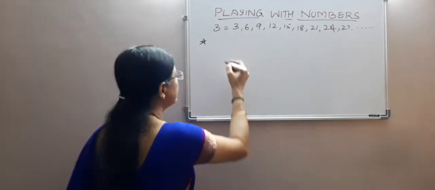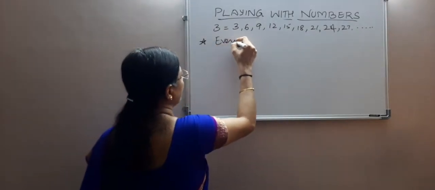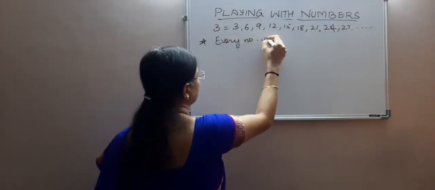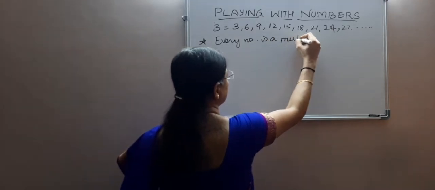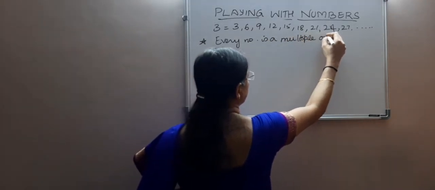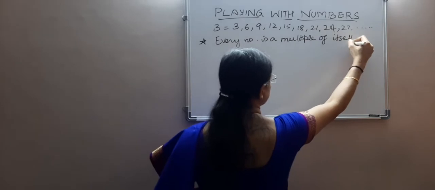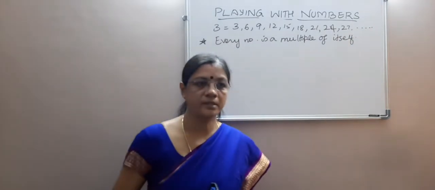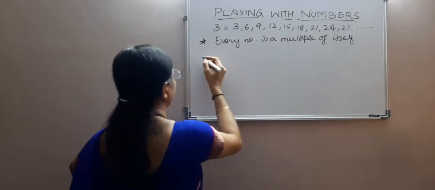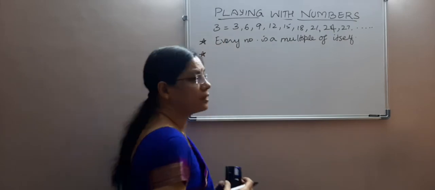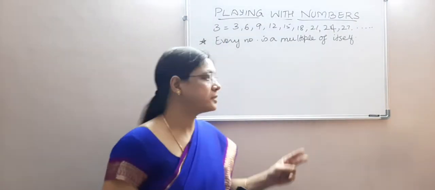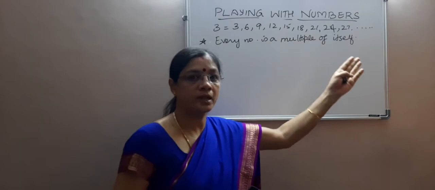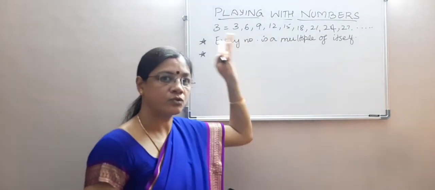So we write: every number is a multiple of itself. Do you understand? Now, the next thing is, how are the multiples? It starts with 3.